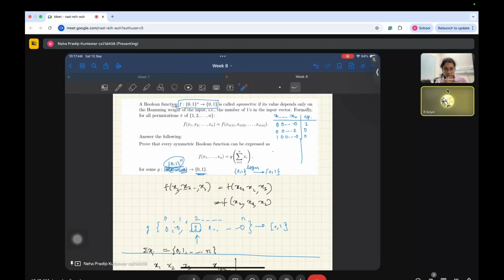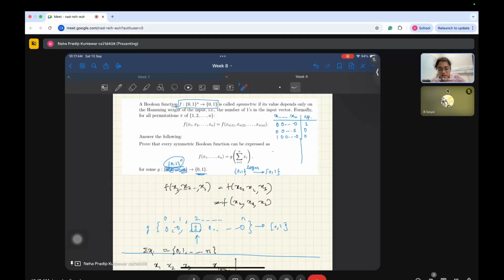Why so? In this entire question, the fact that the function is symmetric has not been used. We have not used the idea of the Hamming weight here, because had this been a non-symmetric function also, probably this equality will hold true if I go by this interpretation.